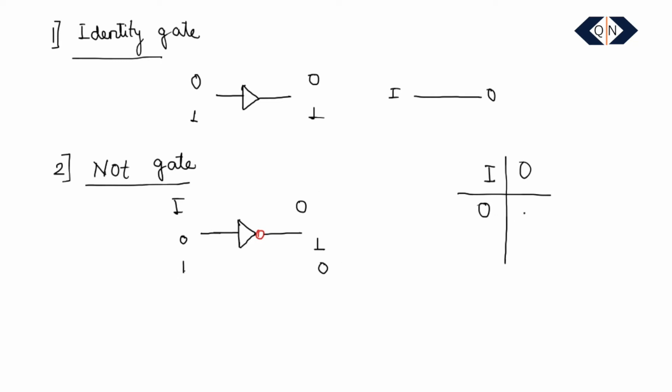So if it is 0, then we are getting output as 1. If it is 1 as input, we are getting output as 0. So basically what is happening here is, if we are giving A as input, we are getting A inverse at the output.